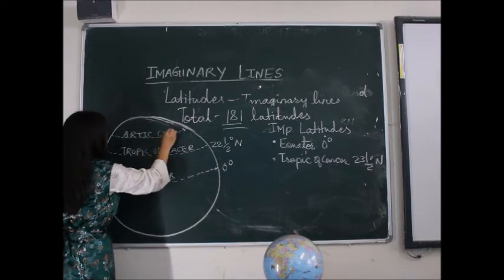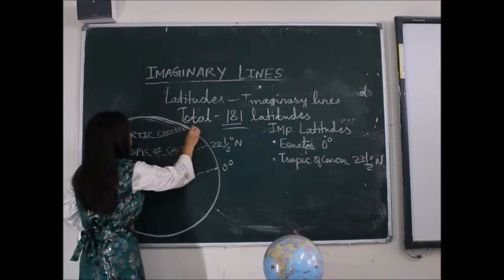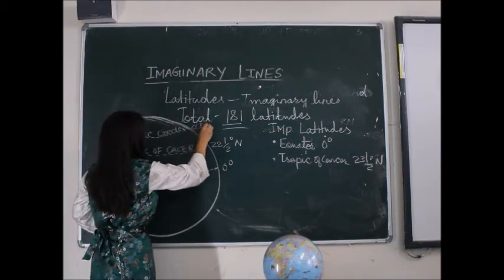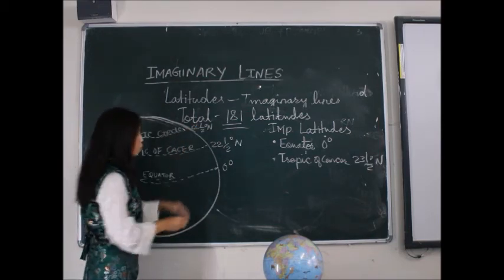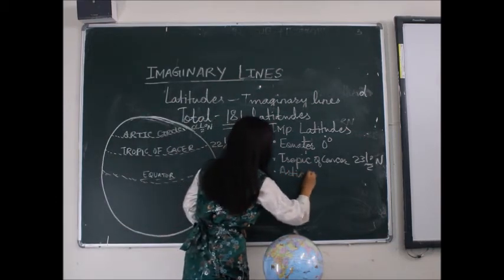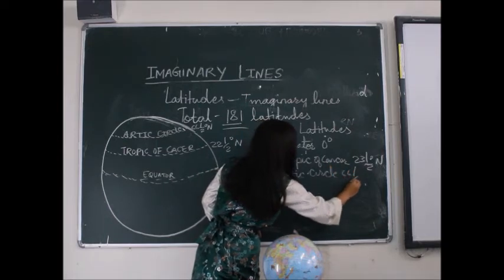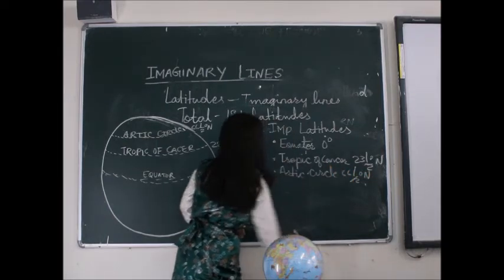Arctic Circle is 66.5 degree north. Arctic Circle, 66.5 degree north.